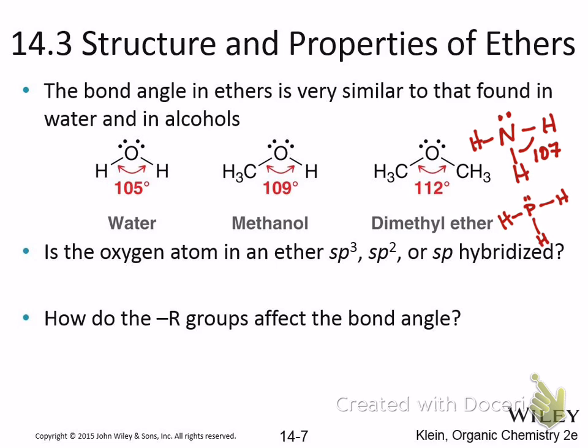It's 90. Why? The central atom's so big, the little hydrogens sticking on it don't repel each other. So they stay in unhybridized orbitals. They're just in the p orbitals. Now, if you put methyl groups there, then they spread out, and they're closer to the 109 that you expect.